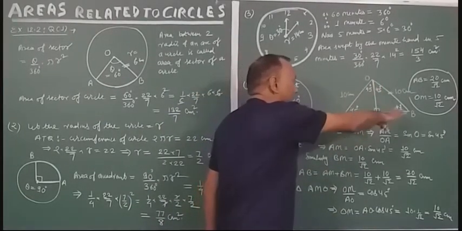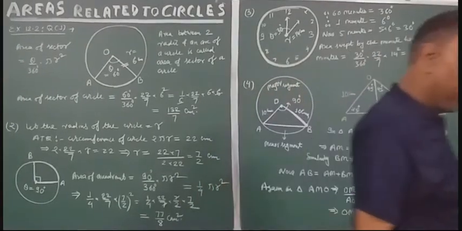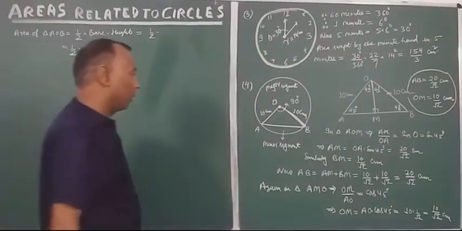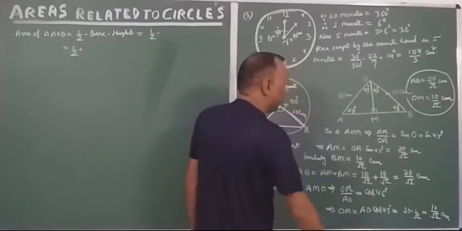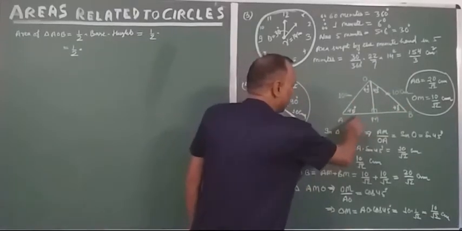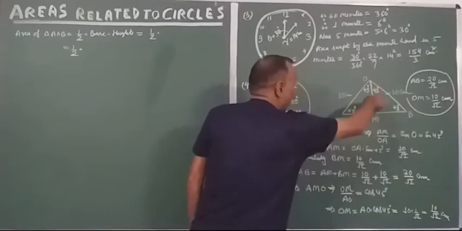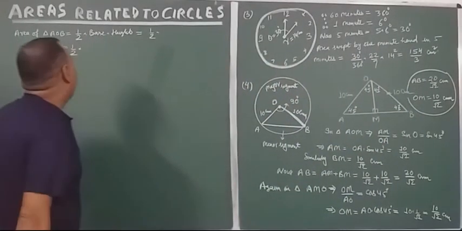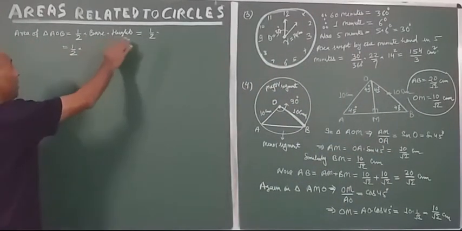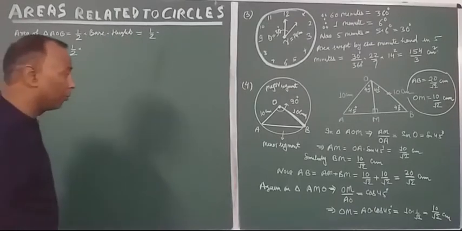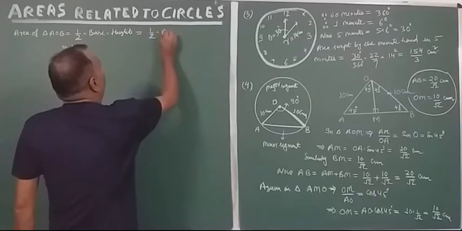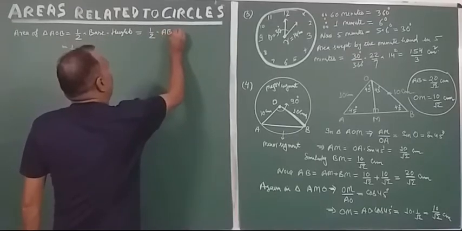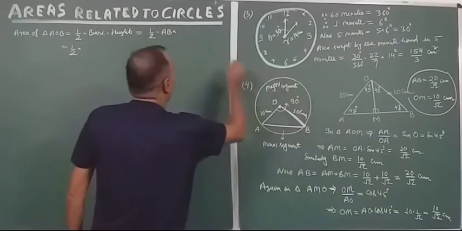Now the area of the triangle AOB will be equal to half base into height. That is 1/2, and the base is AB and the height is this one, OM.